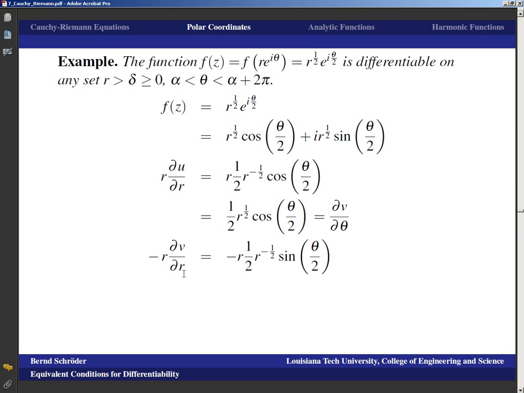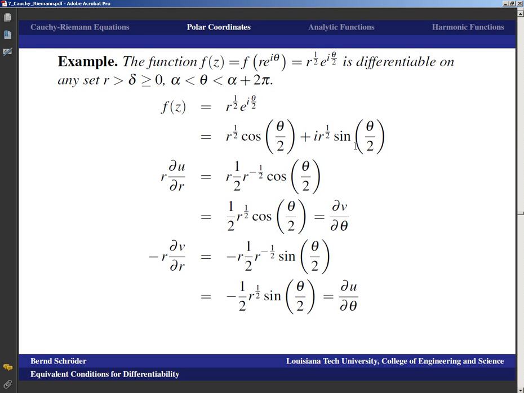And negative r dv dr would be negative r times 1/2 r to the negative 1/2 again. That's just the derivative of r to the 1/2 times sine theta over 2, because theta is a constant with respect to r. That's negative 1/2 r to the 1/2 sine theta over 2, and that's du d theta, because the derivative of the cosine is the negative sine, and the 1/2 comes out via the chain rule.